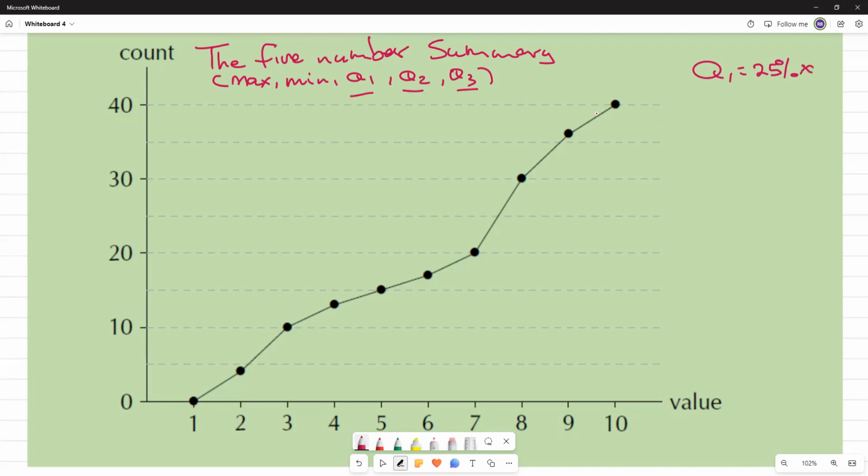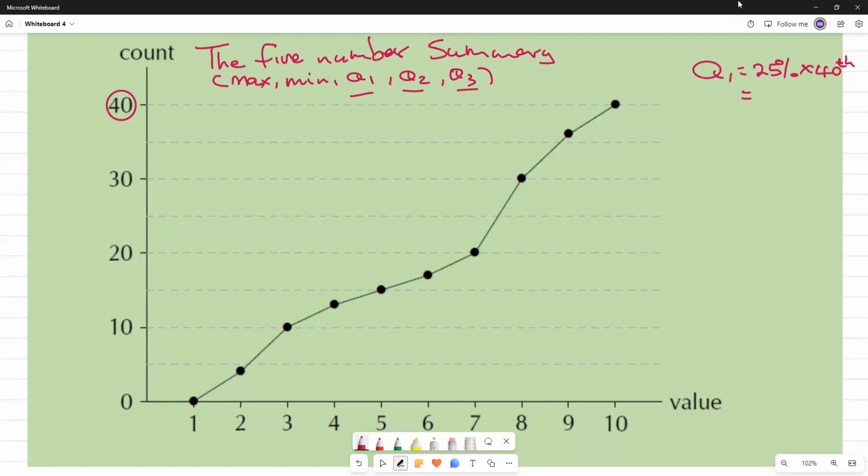So the total here, we can see that the total is what? There were 40 people. Remember, I said the highest here is your cumulative, the total frequency or the total number of items that we had. So in this case, we're looking for 25% of 40.